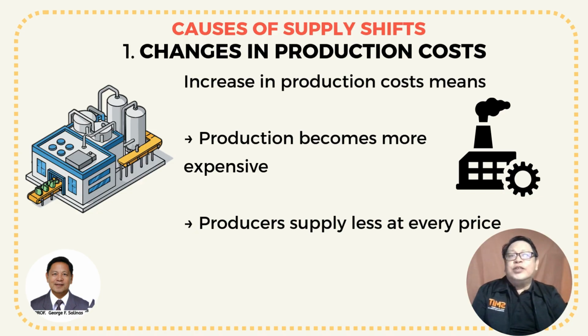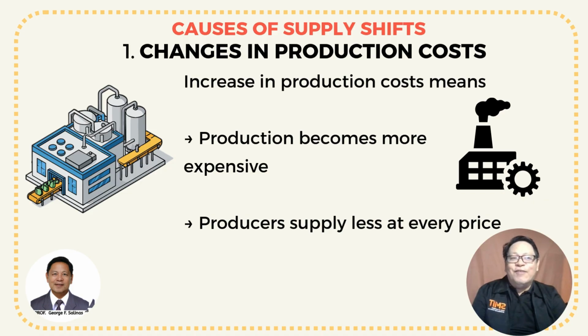Production becomes more expensive, which results in producers supplying less at every price. This step explains the market reaction, facing higher costs and seeking to maintain profitability. Producers are less willing to offer the same quantity of goods at previous price levels.